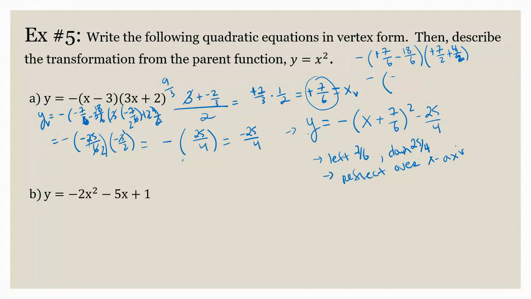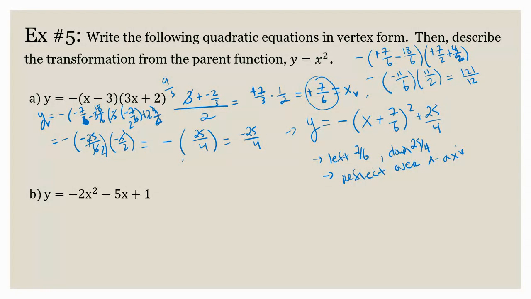I'll fix my error right here. That's negative 11/6. And then this is 7 plus 4, which is 11 halves. Okay, so then that's going to give me a positive 121 over 6 times 2 is 12.